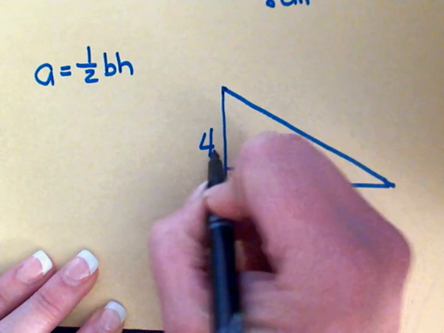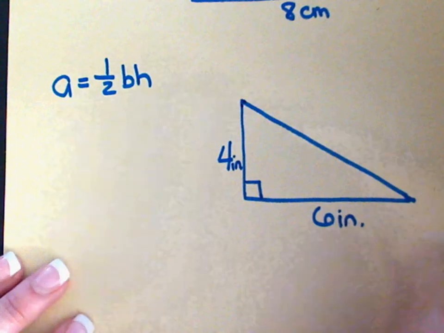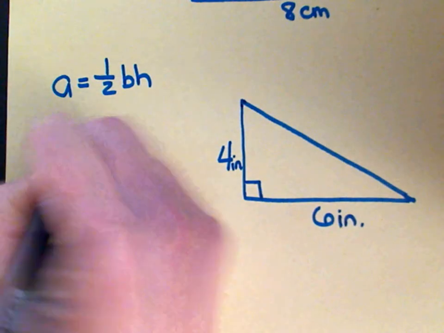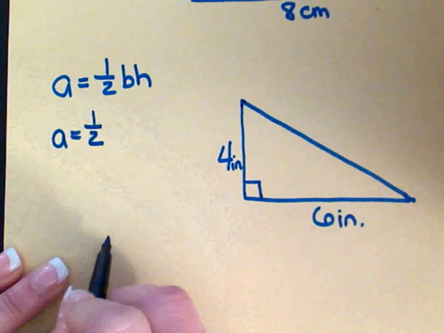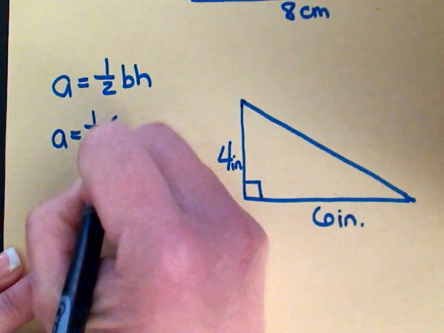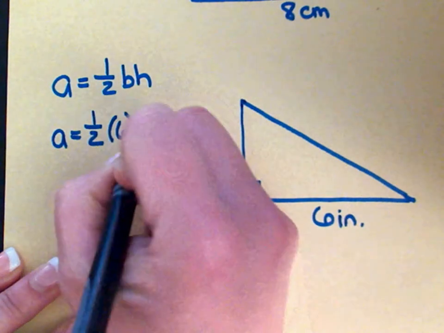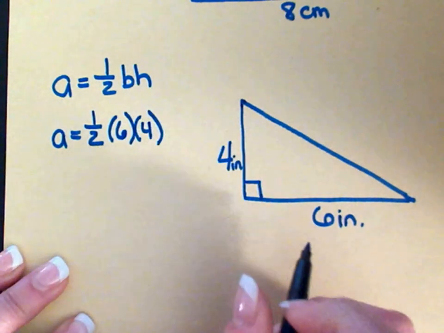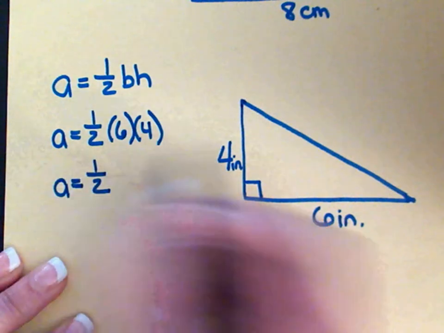So let's look at this second triangle and input our numbers and see how we can do that. Notice this triangle is a little bit different. It already has that 90-degree angle. So I do not have a dotted line showing a height outside of my triangle edges. So I can just go ahead and pull. Let's put these as inches.